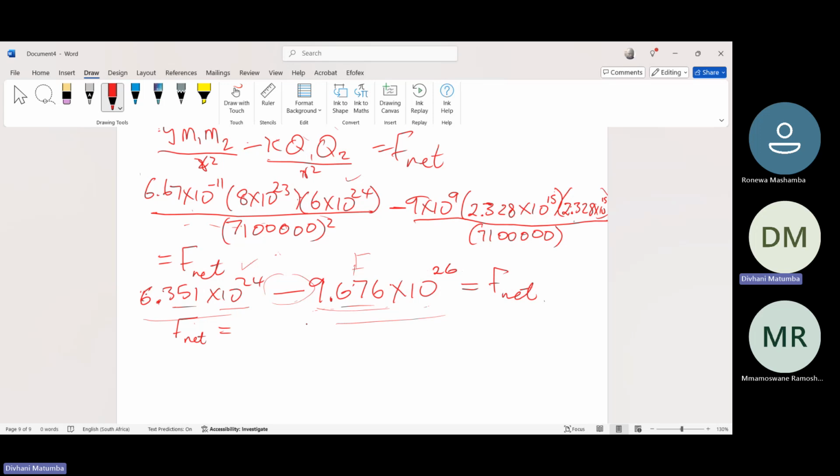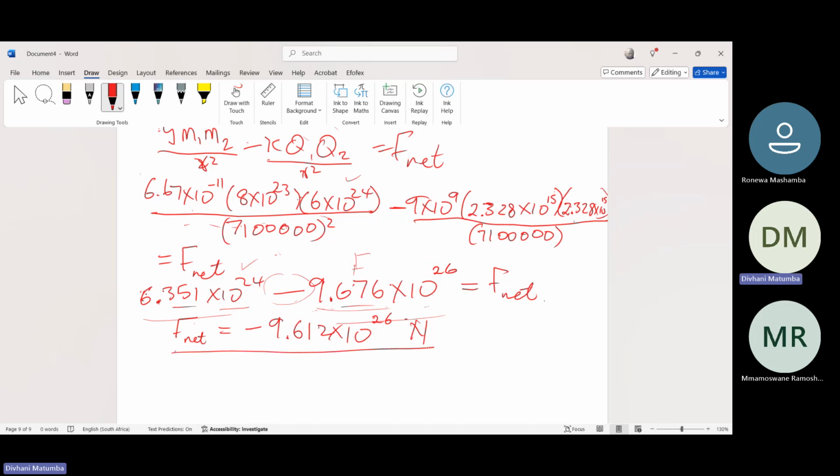What will be the F net? The F net will be negative 9.612 times 10 to the power of 26. The units are newtons.